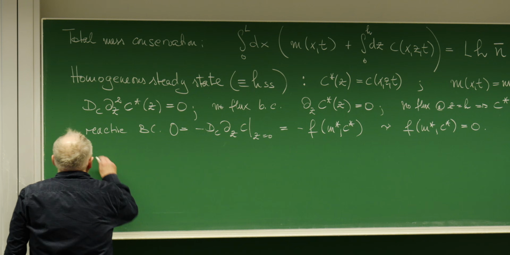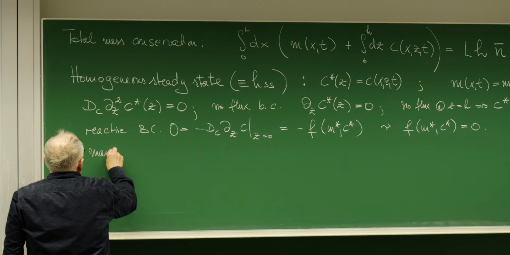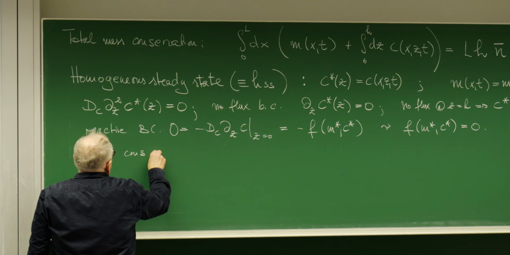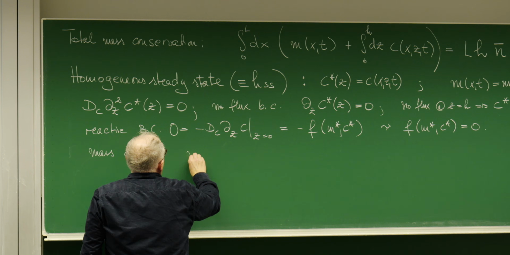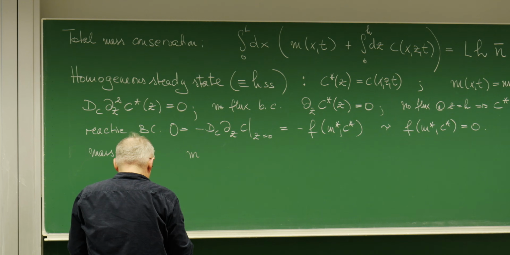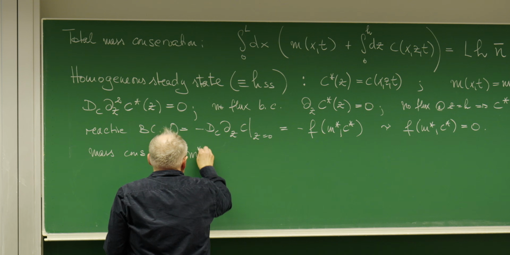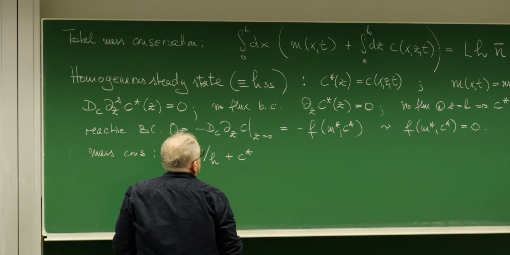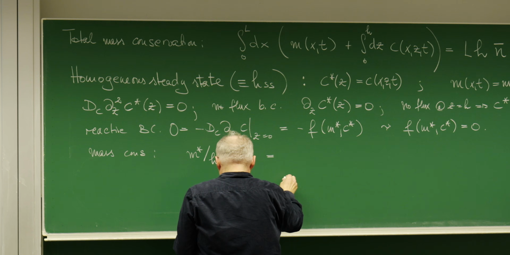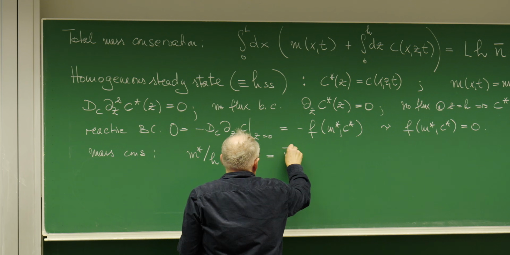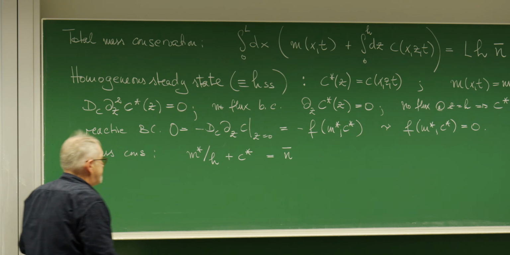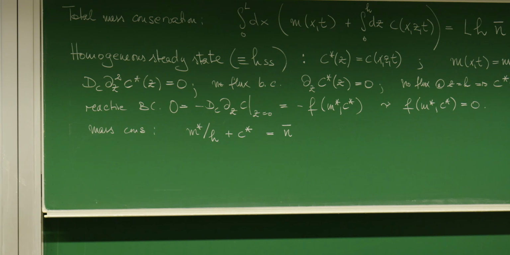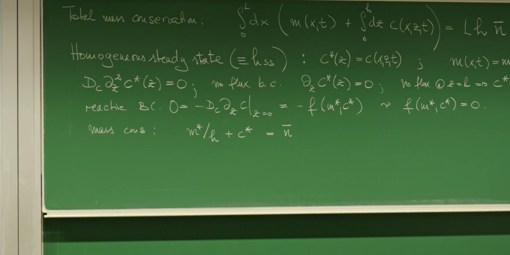So our mass conservation becomes of the simple form m star over h plus c star equals n bar. Right, so it's a simple, completely uniform base state that we have in our system.